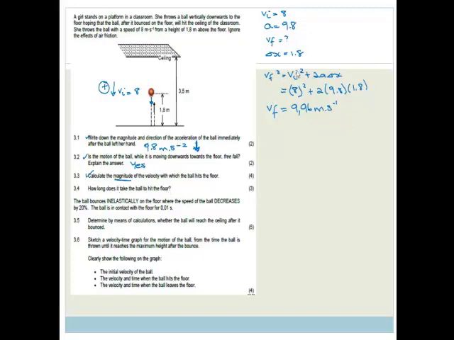Now it says, how long does it take for the ball to hit the floor? So there are a couple of equations we can use, any one with a time. Let me just show you something. You've got vf equals vi plus a delta t. We've got delta x is equal to vi delta t plus a half a t squared.